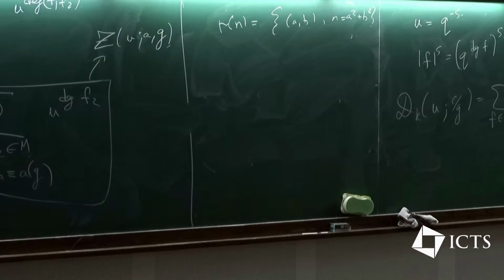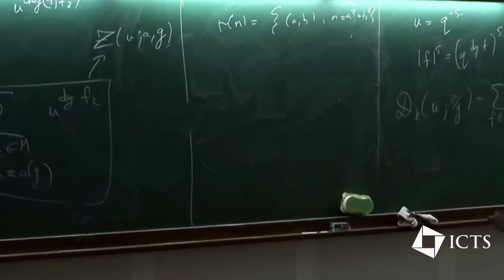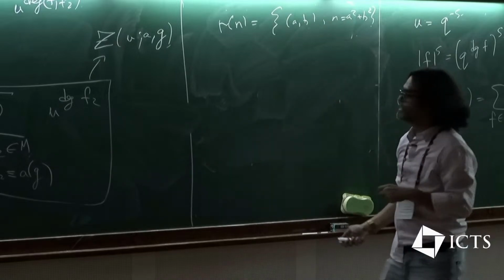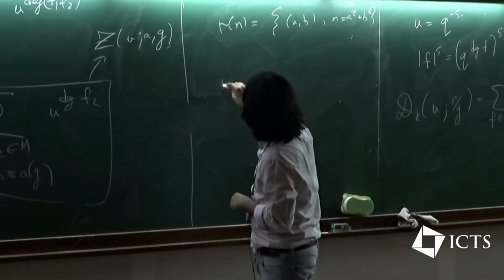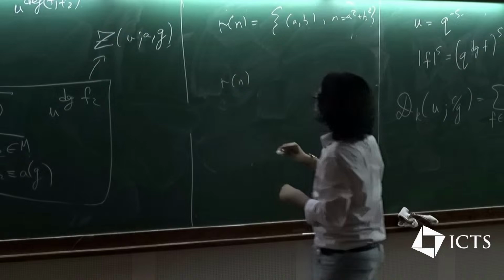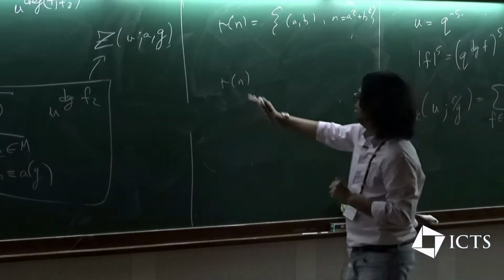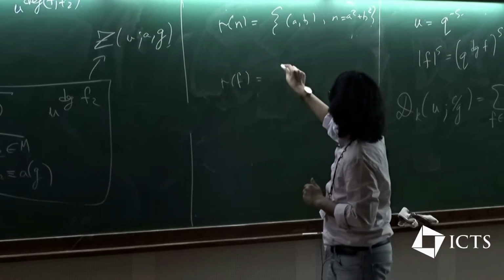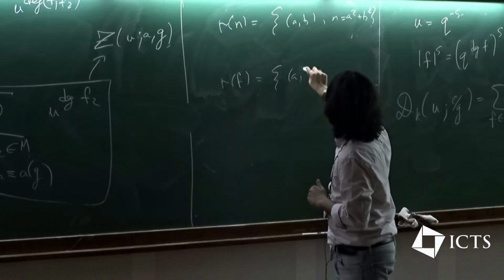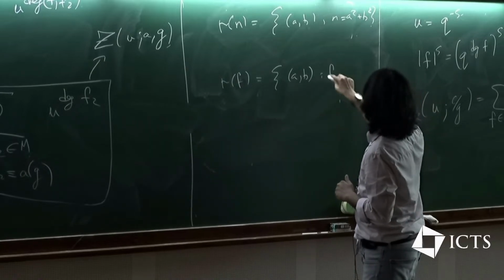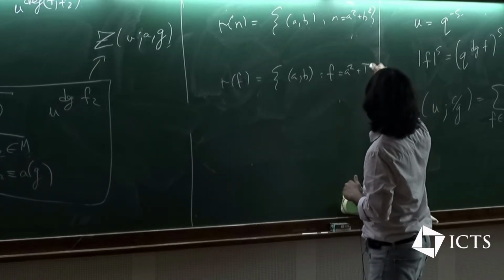So there have been people who've looked at analogs of sums of two squares in the FQT setting, and you can't do it naively like this. It doesn't work in the function field setting. So the analog that I think Waxman and Rudnick introduced, or there are a few papers, so I'm not 100% sure who introduced it, looks at the number of ways to write f as a squared plus t b squared.